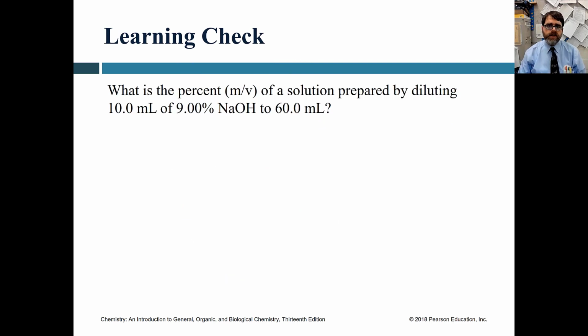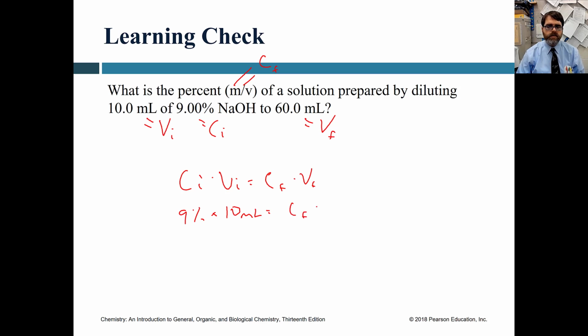Next we have, what is the percent, so that's going to be concentration final, of a solution that can be prepared by diluting 10 milliliters. That's volume initial. Concentration initial, 9%, of 60 milliliters. That's volume final. So once again, the formula, plugging in our numbers then, 9% times 10 milliliters is equal to concentration final, which is what we're solving for, times 60 milliliters.